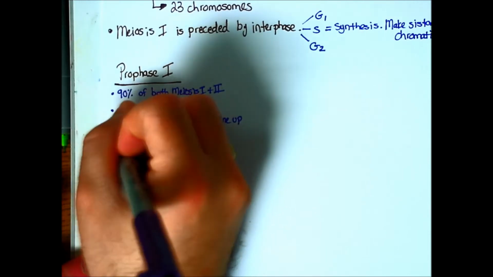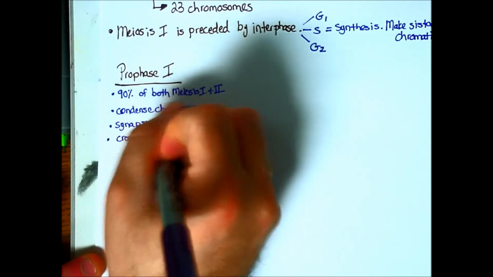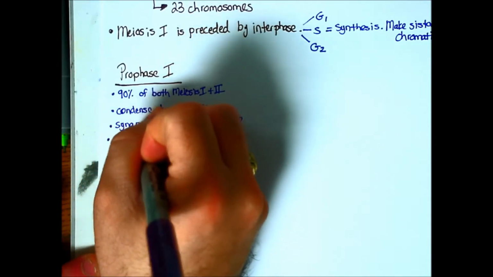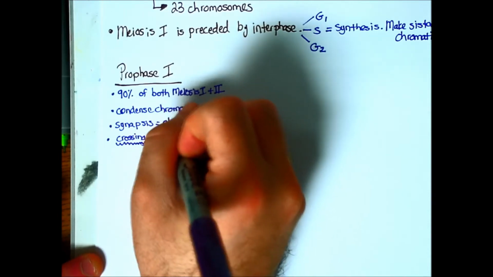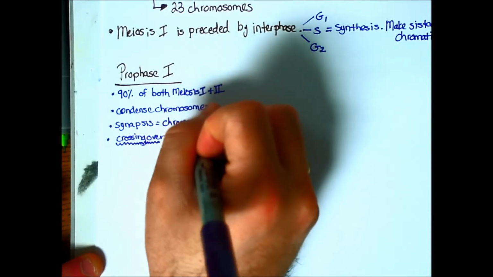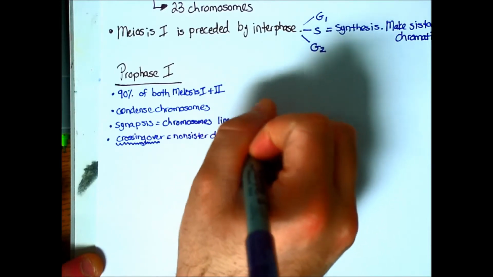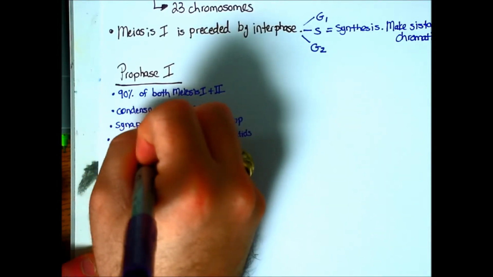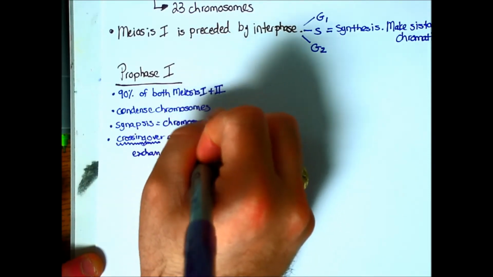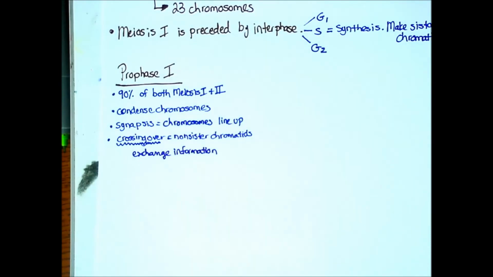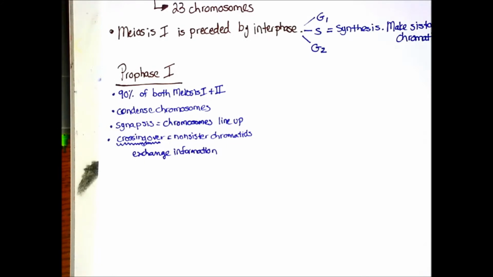And it's here that you can observe crossing over. Now, when you observe crossing over, what happens is the non-sister chromatids exchange information. This makes each chromatid uniquely different from its sister chromatid. The four, yes.